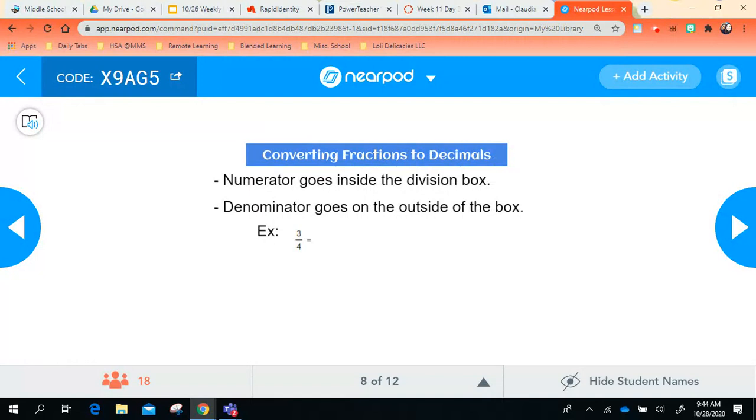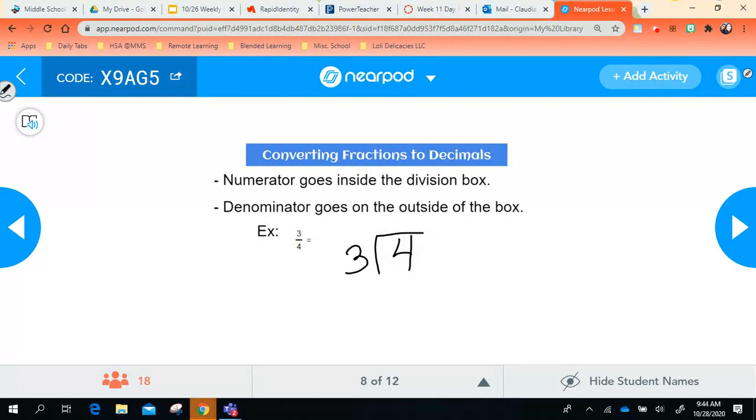Okay, so converting fractions to decimals. First thing I have to do with my fraction is turn it into a division problem. How do I turn it into a division problem? 3 divided by 4. The biggest issue we find here is, yes, you say 3 divided by 4, but then when you go to write it down, you end up writing it backwards.